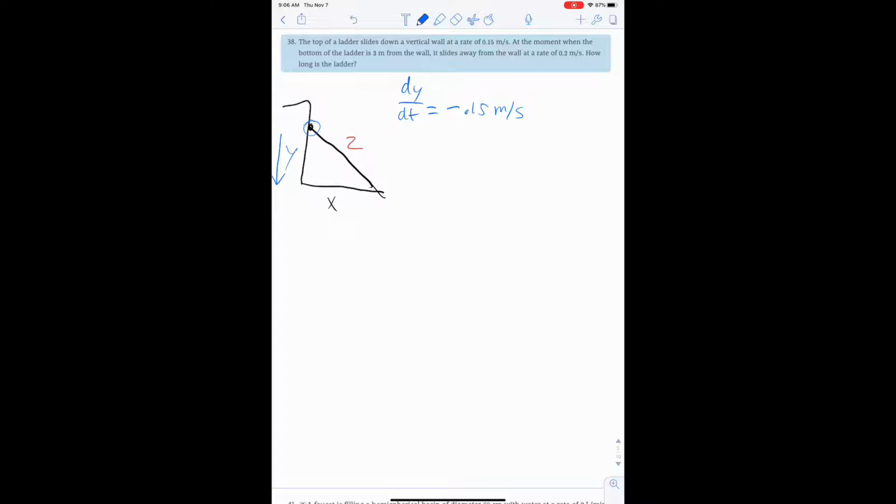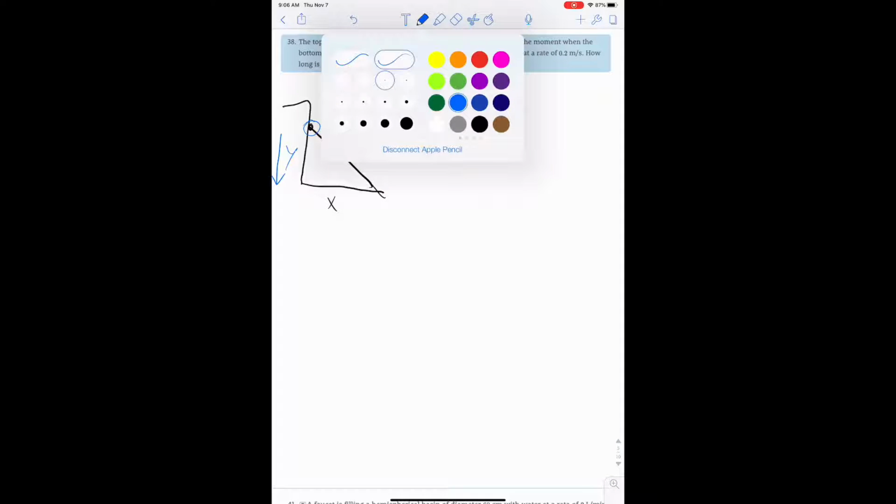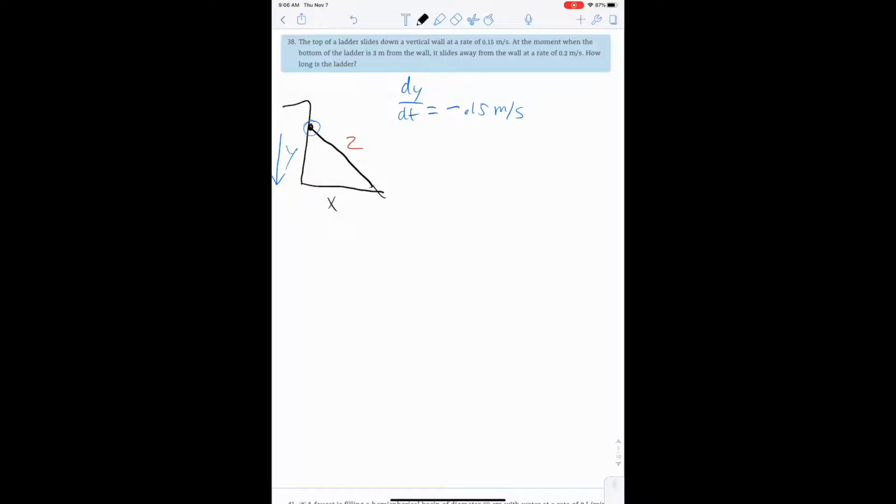So now we are also given that at the moment when the bottom of the ladder is 3 meters from the wall. Okay, so that's just saying this point right here is 3 meters from here. So we know that x equals 3 meters. We don't know what z is.